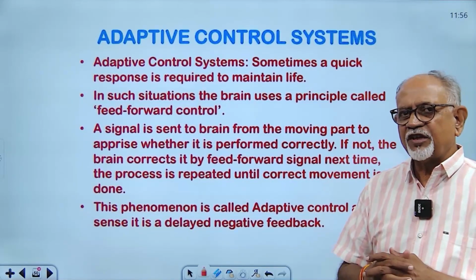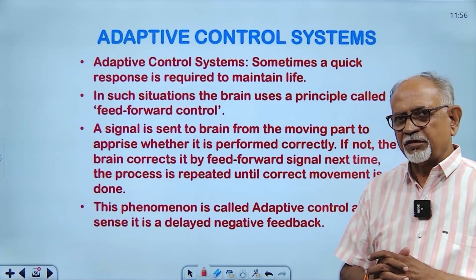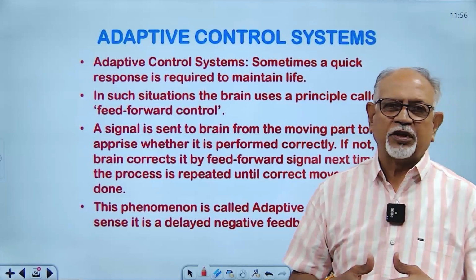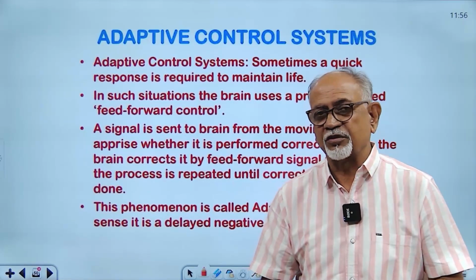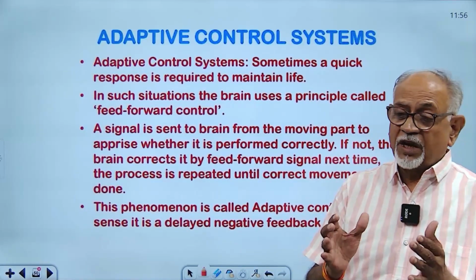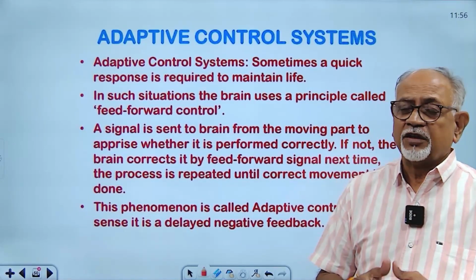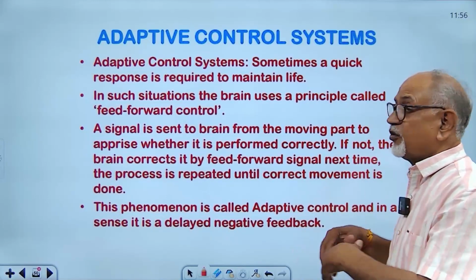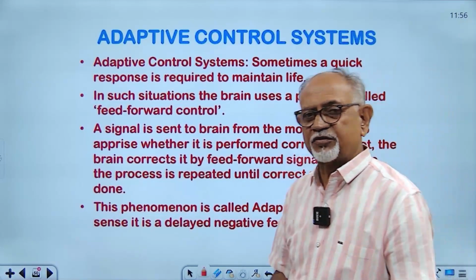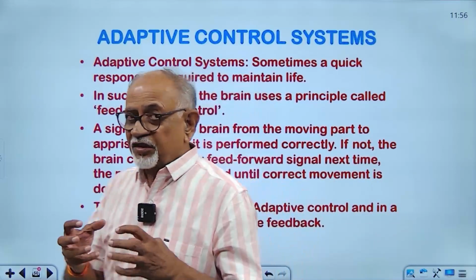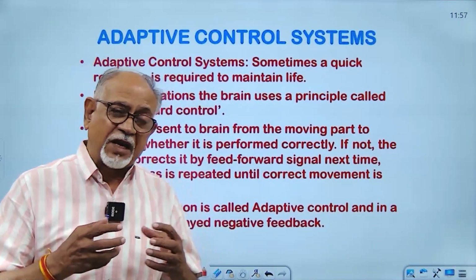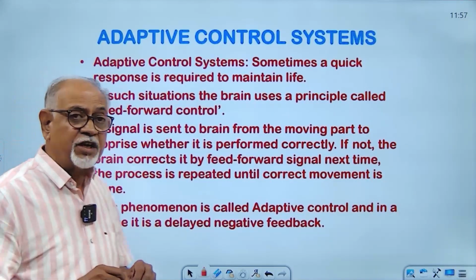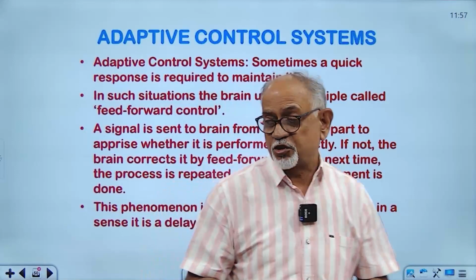In an emergency, when a quick response is needed, the response is observed without information to the central nervous system, but then when the event is happening, the information is sent to the central nervous system, and for the future, the central nervous system decides and analyzes the perfect stimulus needed to cope with that situation.